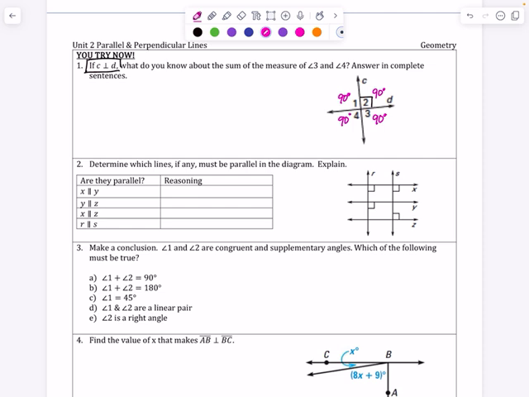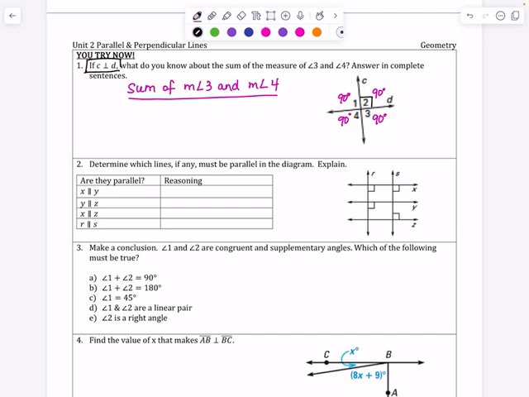The question says, what do you know about the sum of the measure of angle 3 and angle 4? I want you to write the phrase sum of measure of angle 3 and measure of angle 4. So we're going to explain what we know, answering in complete sentences. I am going to use math sentences though.